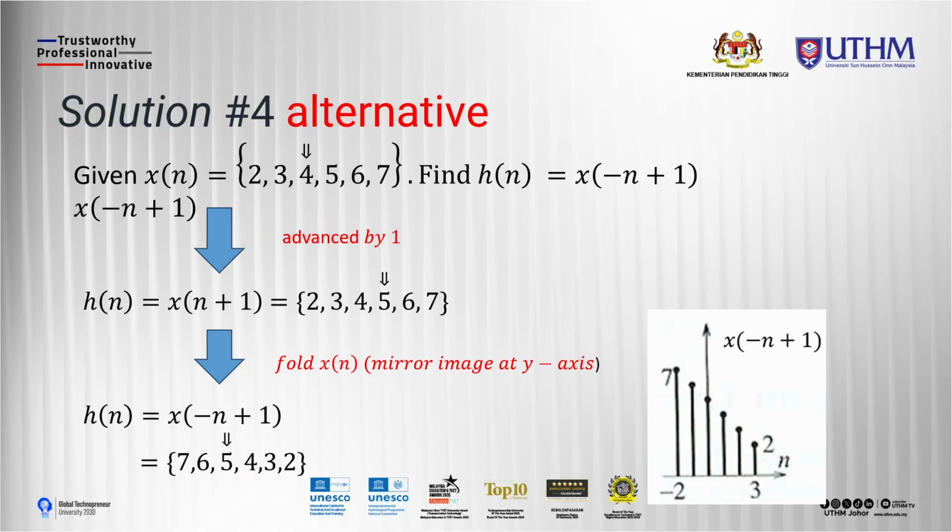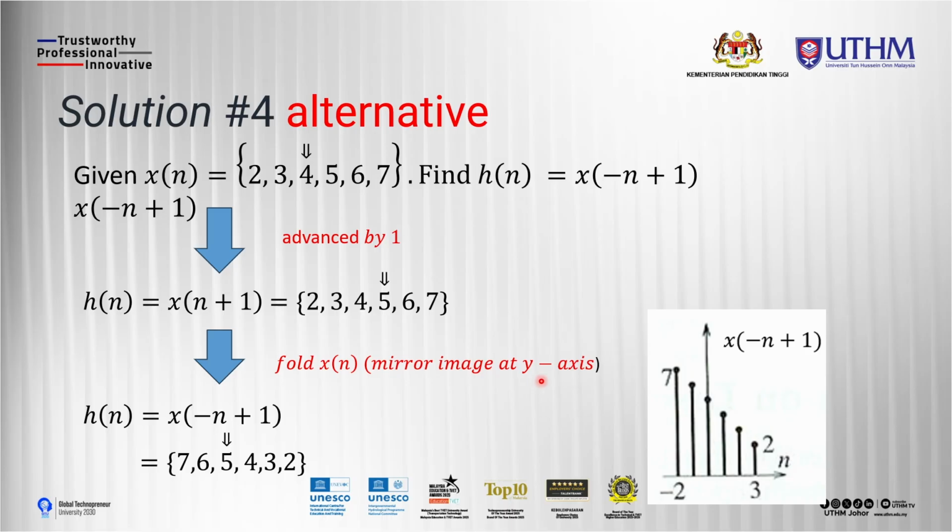Alternatively, you can solve this problem using the time shifting first, followed by folding. For the same question, if you do the time shifting first, you directly take x[n+1]. For x[n+1], you shift the origin symbol to the right 1 unit, then you get this value. After that, you do the folding. Folding means it is x[-n], a mirror image at the y-axis.